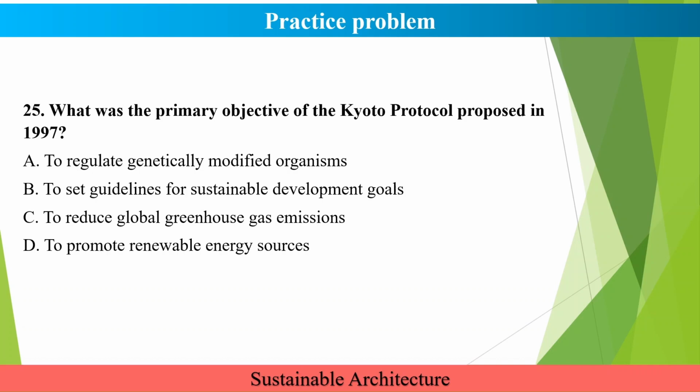Reduce greenhouse gases. Yeah, C. Absolutely correct. So reducing the global greenhouse gas emission was the primary objective of the Kyoto Protocol proposed in the year 1997.